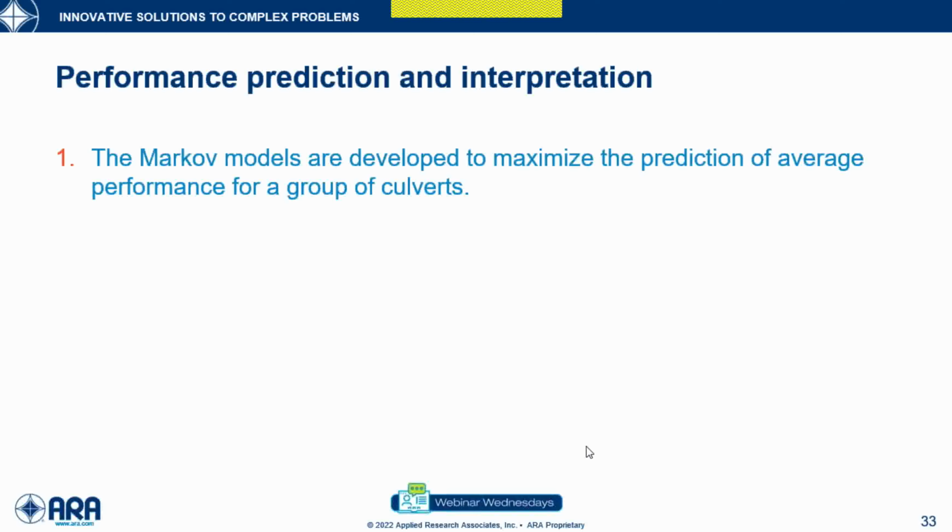The frequentist paradigm is always concerned with a group of culverts or a group of observations, actually, and we're trying to assess the probability that on average things will move in a certain direction. And it doesn't mean that we're looking at the personal belief for an individual observation.